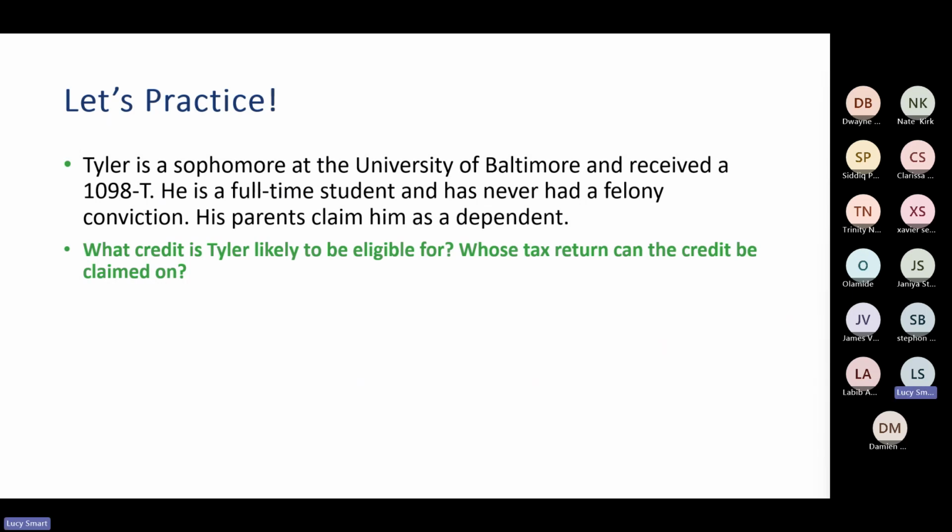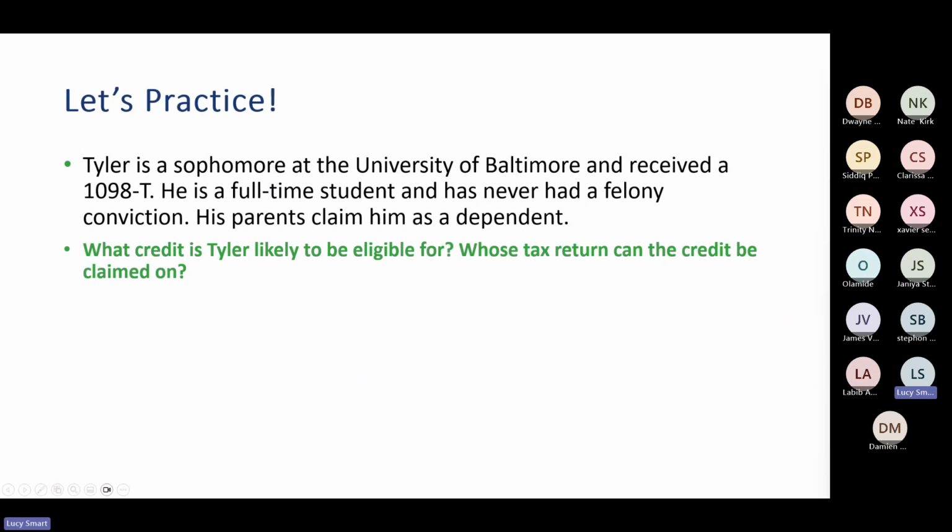All right, so drop it in the chat which credit you think he's eligible for, either the American Opportunity Credit or the Lifetime Learning Credit. And remember, he is a sophomore, full-time. He's never had a felony conviction. His parents claim him. We're going to assume he's pursuing a degree as well.